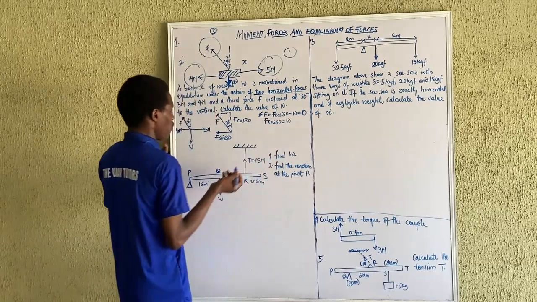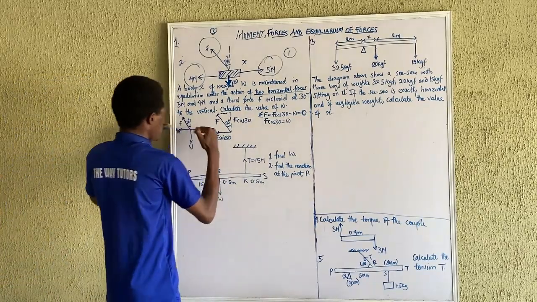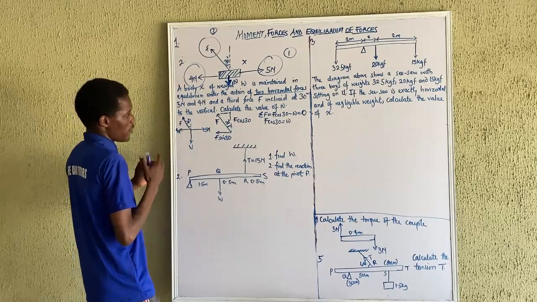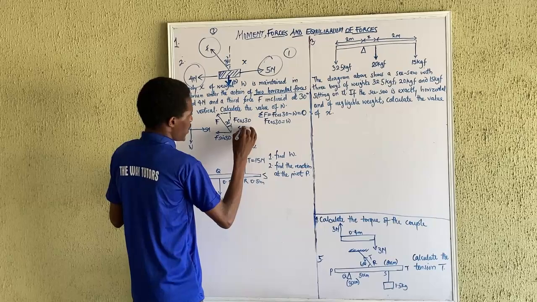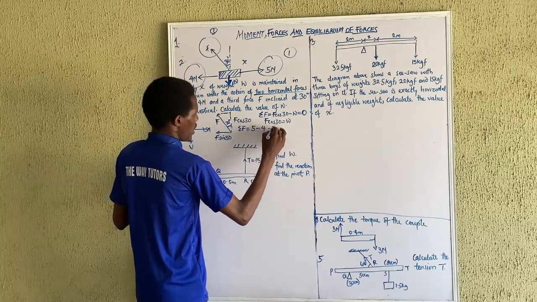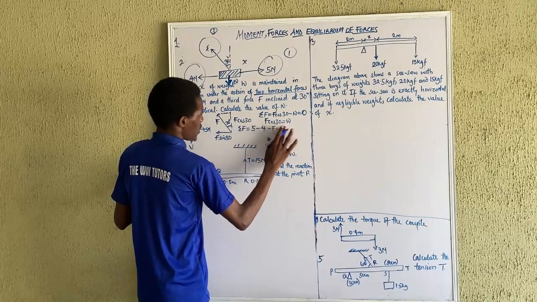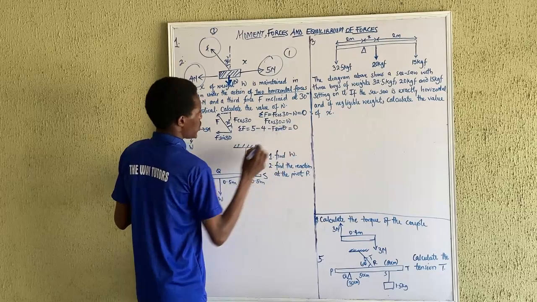W. But I don't even know F. So how do I get F? Let's consider the horizontal, all the forces on the plane. Now, that summation F equals 5 minus 4 minus F sine theta equals 0.